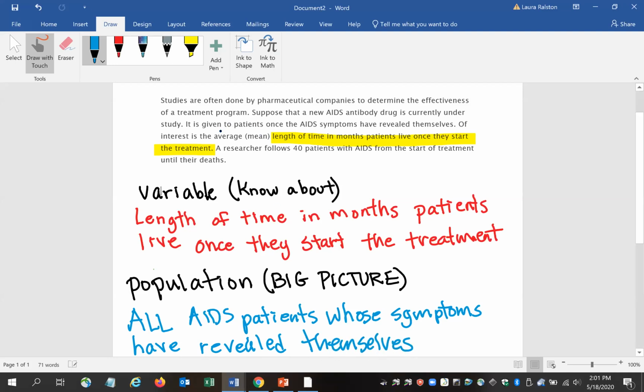Okay, and again, I get that statement because it says they get the treatment once the AIDS symptoms have revealed themselves.